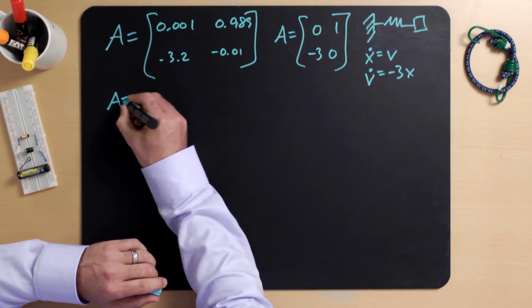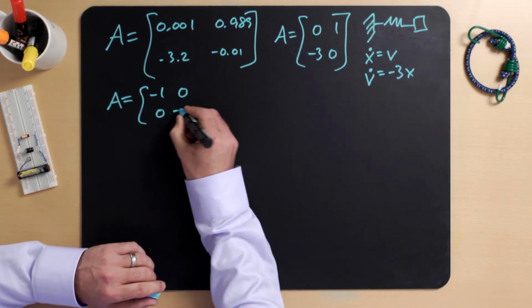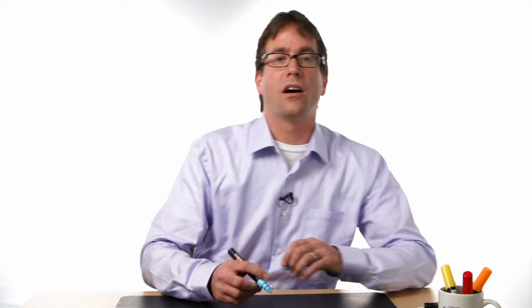For instance, what does A equal to [-1, 0; 0, -2] correspond to? Because the diagonal elements are non-zero and the off-diagonal elements are 0, we know that these two states are independent of each other and are first order.